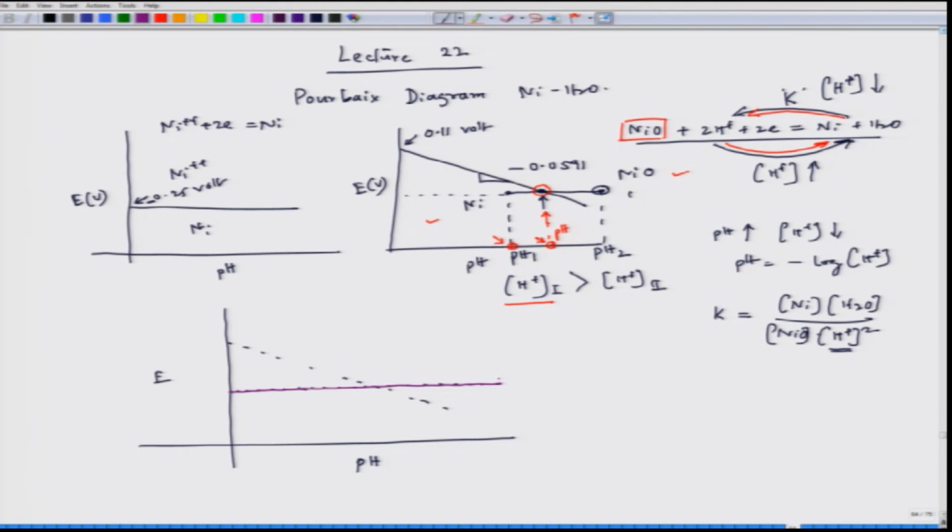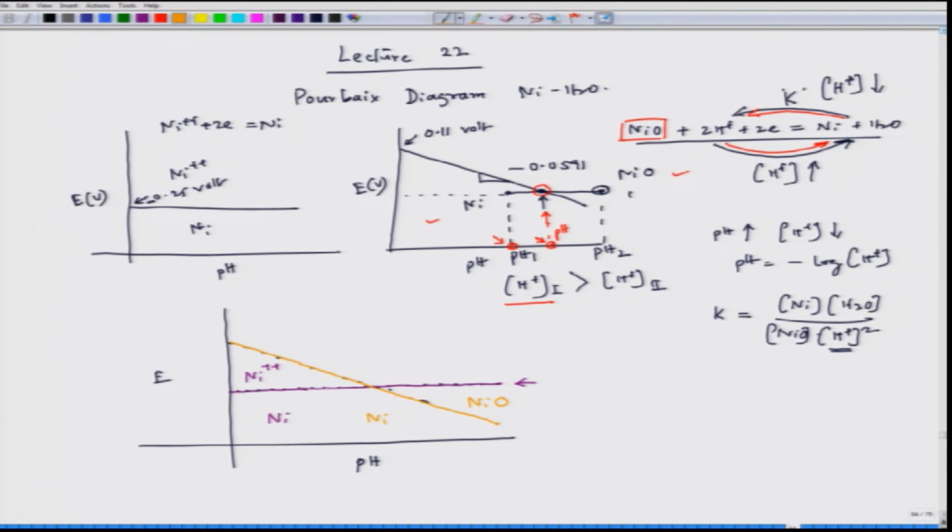This is for type 1 reaction, this is for type 2 reaction. Now, for type 1 we know this is nickel side, this is nickel plus plus side, and for type 2 this is nickel side, this is nickel oxide side.